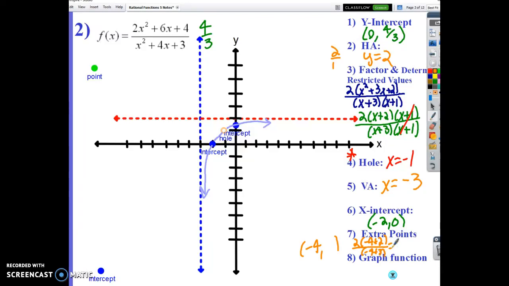The top, we're going to get 2 multiplied by -2 is -4, all over -1, which gives us a +4. So we're going to plot the point -4, 4. Put that point right there, and now we can graph the rest of this. It should go towards both of the asymptotes.